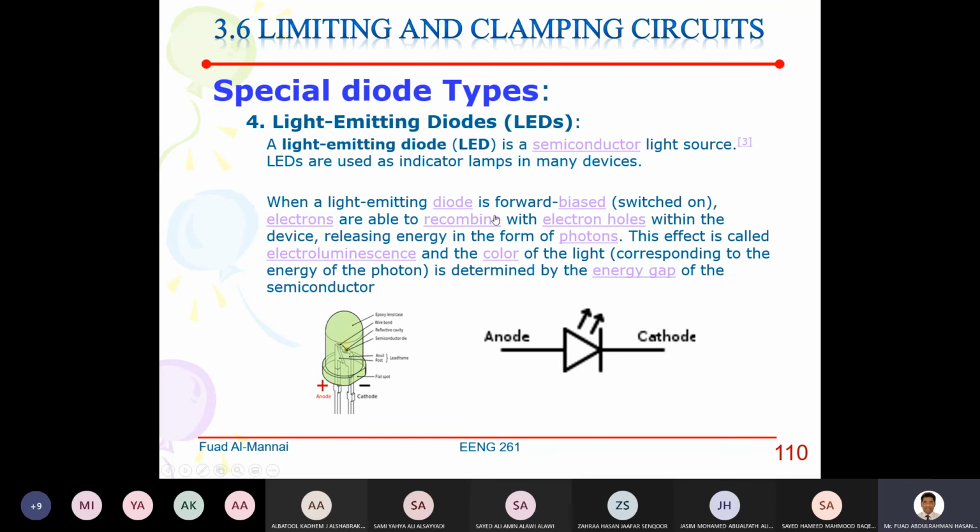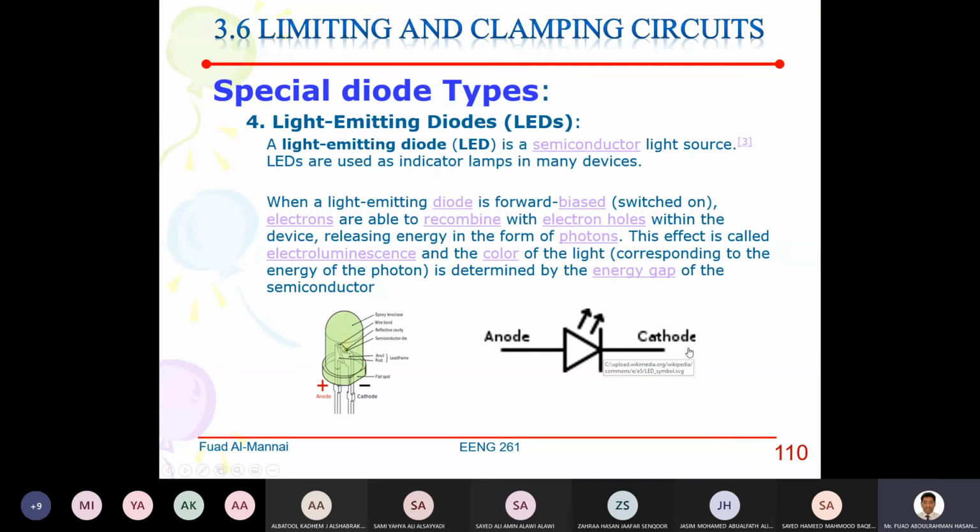So when a light emitting diode is forward biased, that means switched on, then electrons are able to recombine with the holes, and therefore it will release energy in the form of photons. They call it electroluminescence.